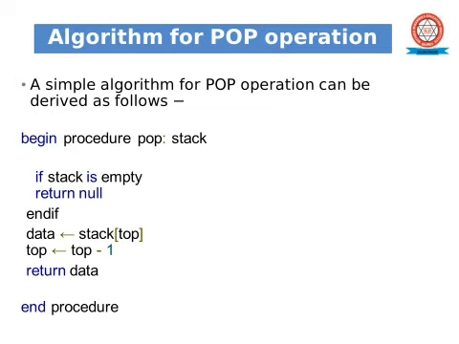If stack is not empty, then data = stack[top], meaning access the data element at which top is pointing. And next, top = top - 1, meaning decrease the value of top by 1, and then return data, and in the last end procedure.